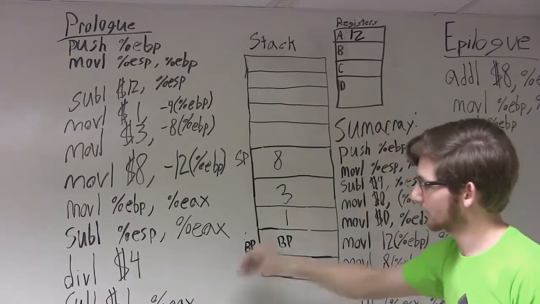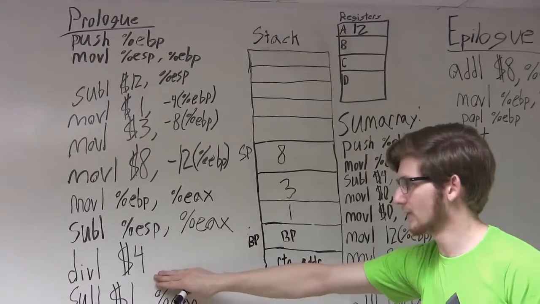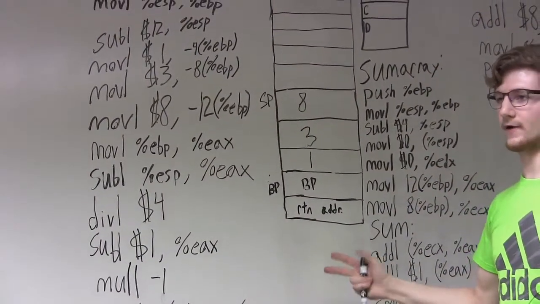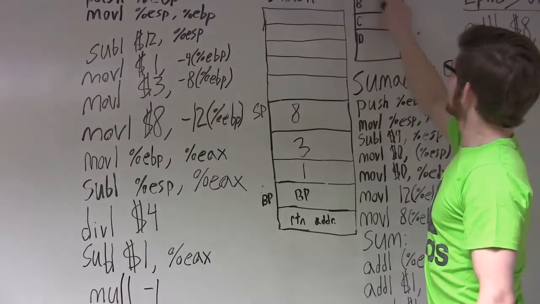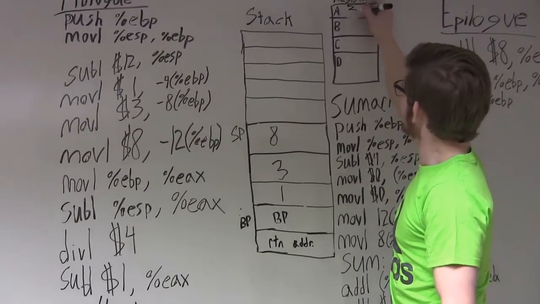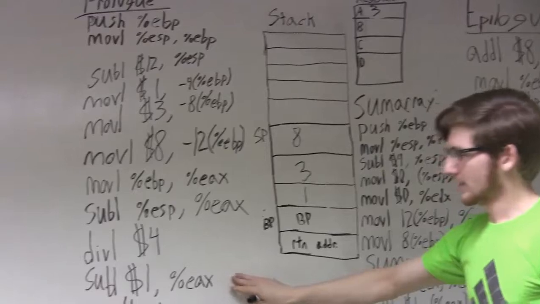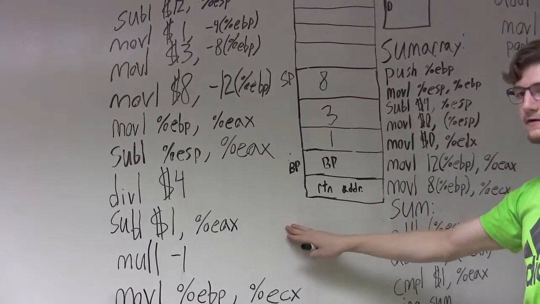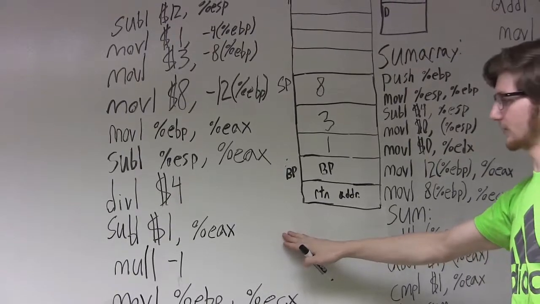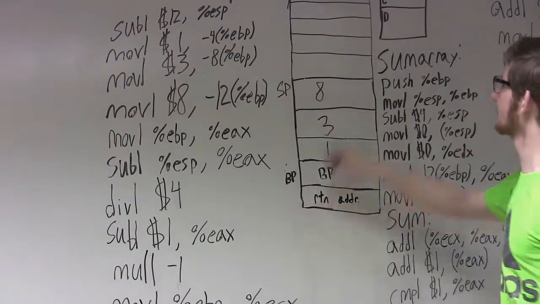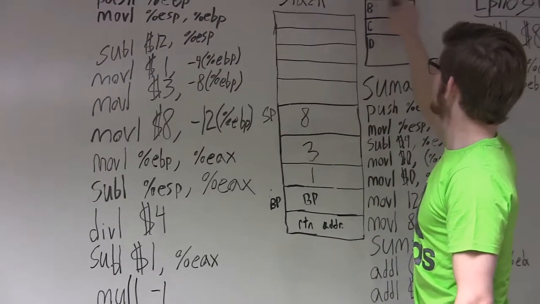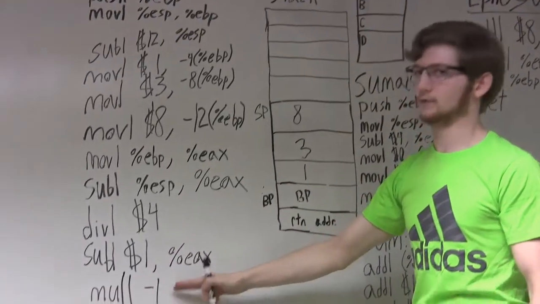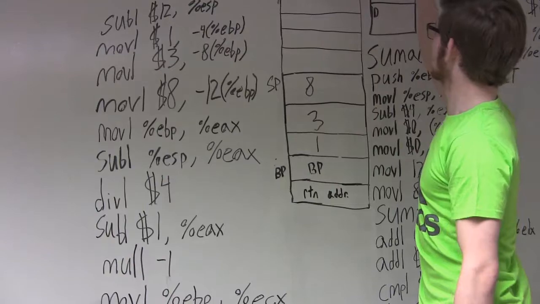After having that, we are going to divide the value of 12 by 4 in order to acquire the actual number of elements in the array, which is 3. Now, for later purposes in the sum array function itself, when we're doing jumps, we are going to subtract 1 from it to give us a 2, and then we are going to multiply that value by -1 to give us a -2.